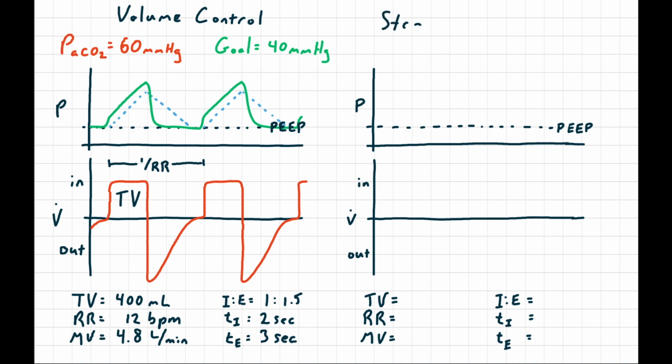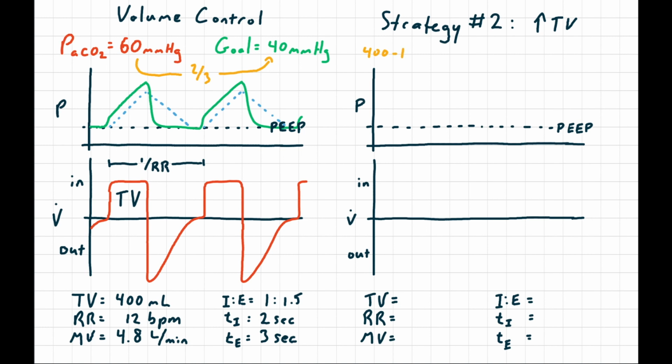Now, let's look at strategy number 2, which is going to be increasing the tidal volume. As before, the first question is, how much do we need to increase the tidal volume? Our goal is to reduce arterial carbon dioxide partial pressure by 2/3, and right now our tidal volume is 400 milliliters.